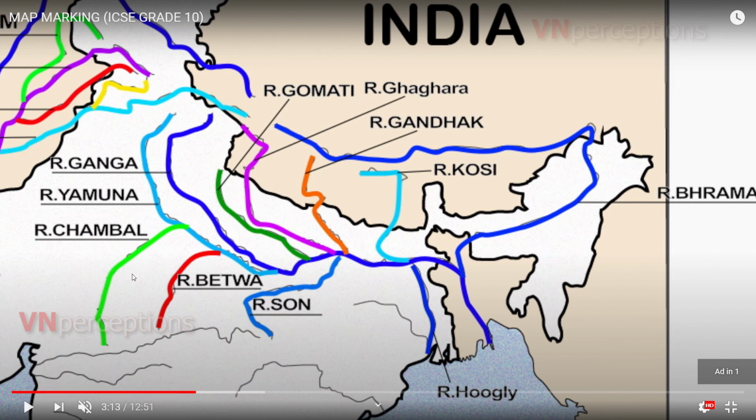Chambal and Betwa join Yamuna first, and then together they join River Ganga. River Son joins River Ganga directly somewhere between the locations of Gomti and Gandak here. And this is River Damodar, a very famous river for the Damodar Valley Corporation.